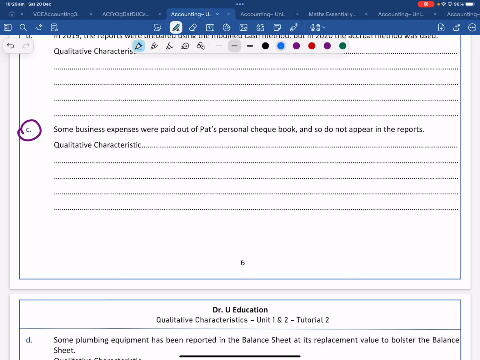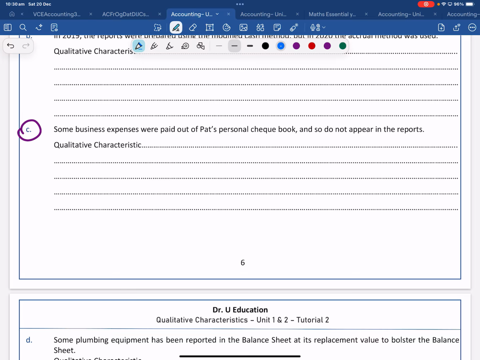Basically, miss out, we disregard. So when they are missed out, what will happen? The business expenses will be understated, profits will be overstated, meaning users of the reports will make wrong decisions based on wrong information. That means we haven't included all the information that is relevant, useful for decision making, which is relevance.